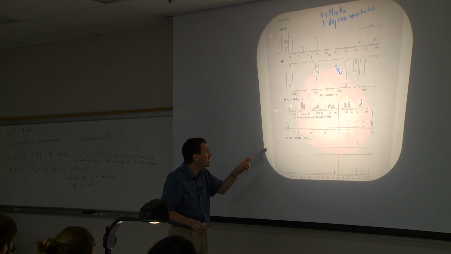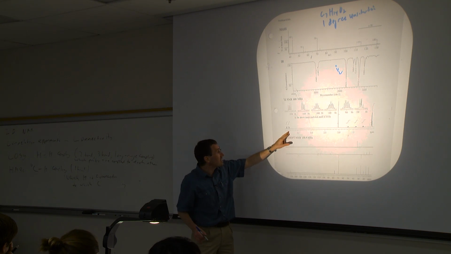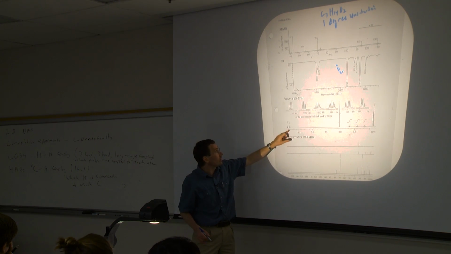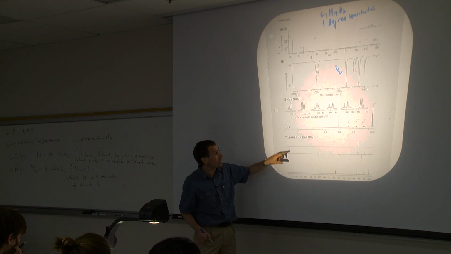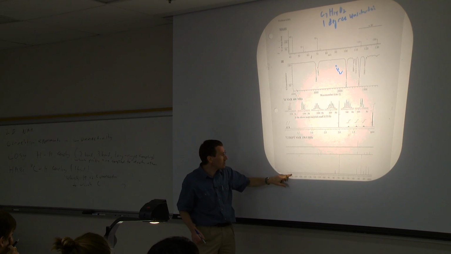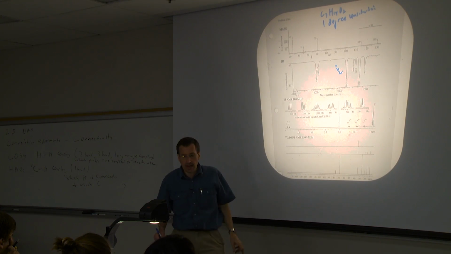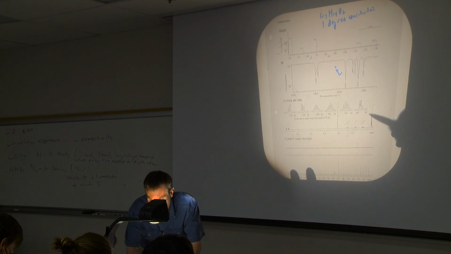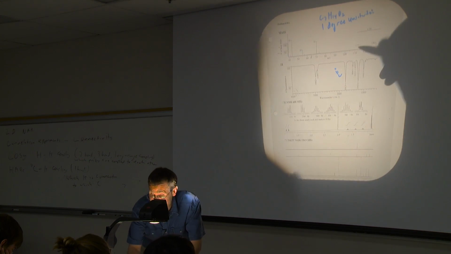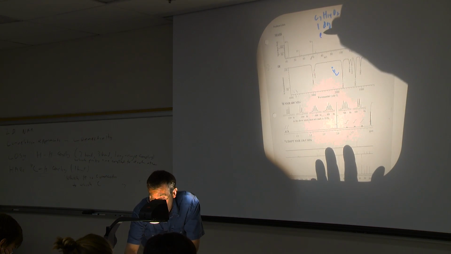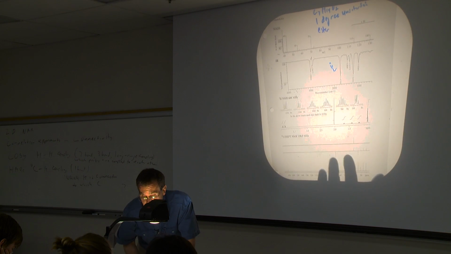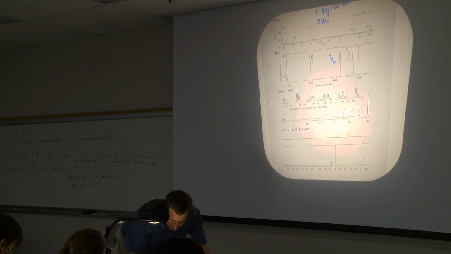So I'm suspecting an ester. I see some hydrogens on a carbon next to an oxygen. I see a peak at 171 parts per million, and all of that is pointing toward an ester. So I think I have an ester group.